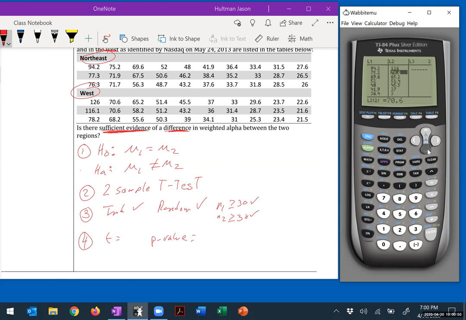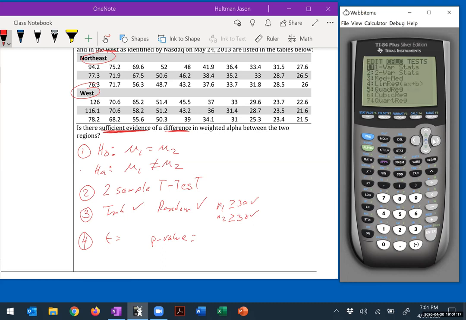Okay, well that would have been like the 23rd entry or so. Ah, thank you. 50.3. Enter. Perfect. Okay. 39, 34.1, 31, 25.3, 30. Okay. It's all good.